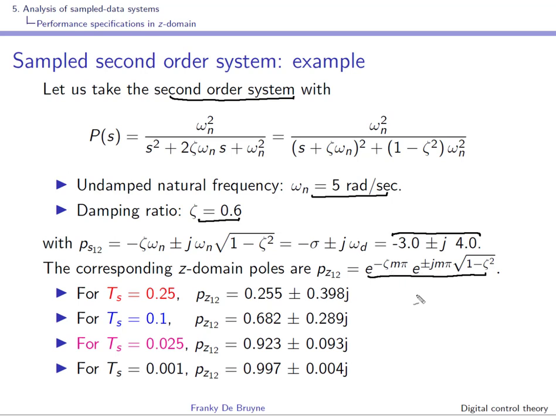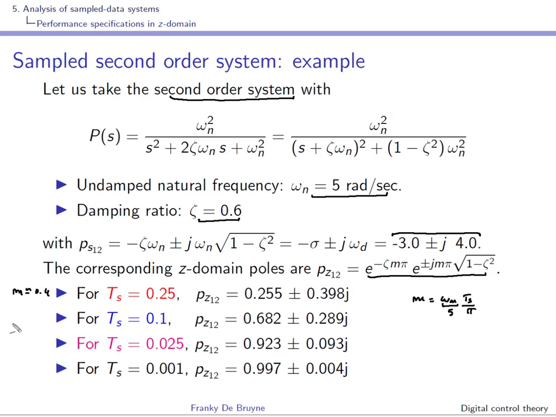Okay, remember that m is equal to omega n times ts over pi. So omega n is 5 over here. So we can compute the discrete poles. Zeta is equal to 0.6, and knowing ts, well, you know m and you can find the poles. So this corresponds to m is equal to more or less 0.4.